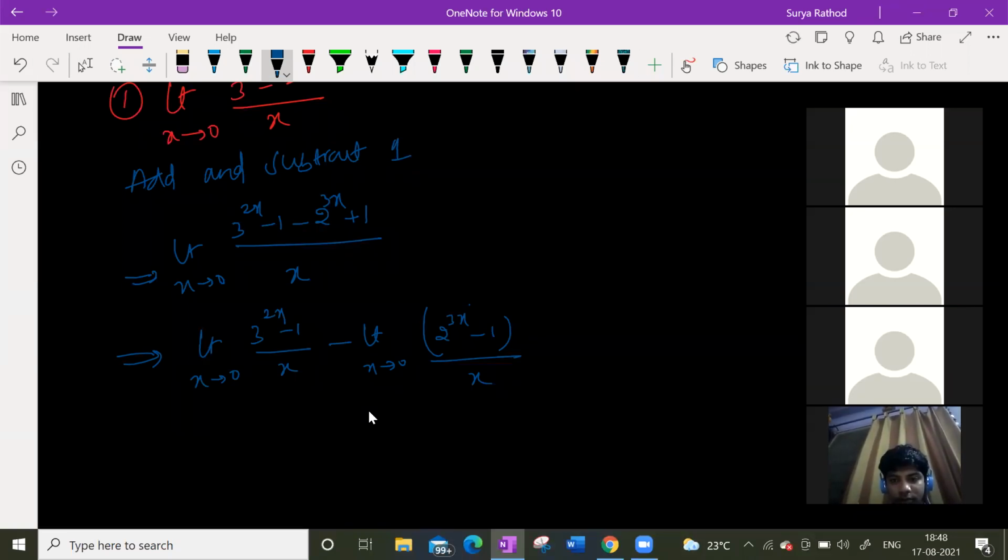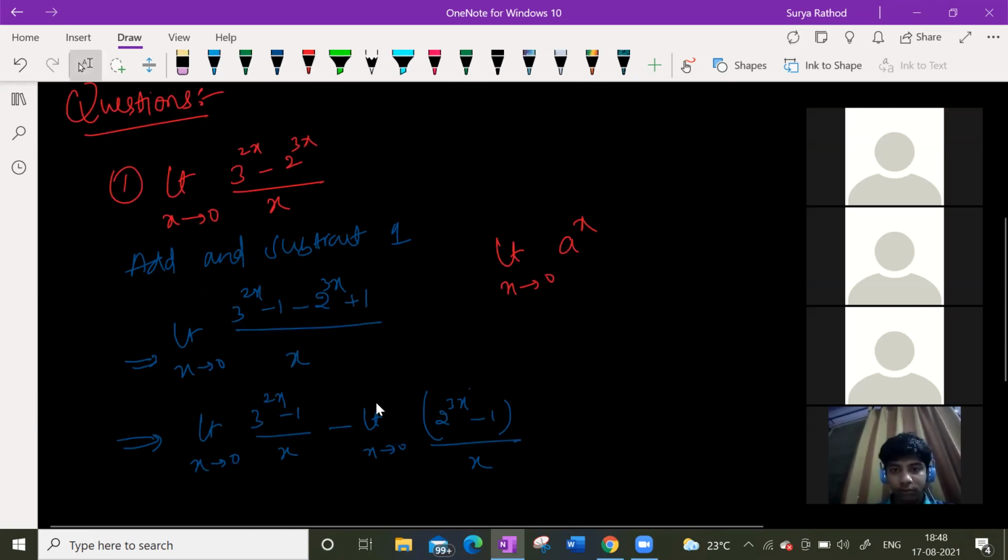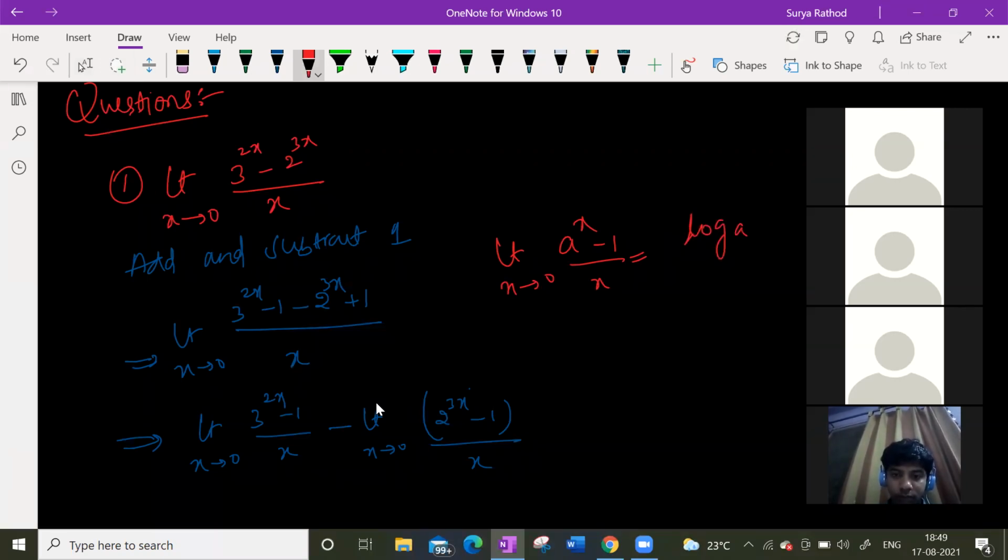See here, what was my formula? Limit x tends to 0, a power of x minus 1 divided by x gives me log a base e.